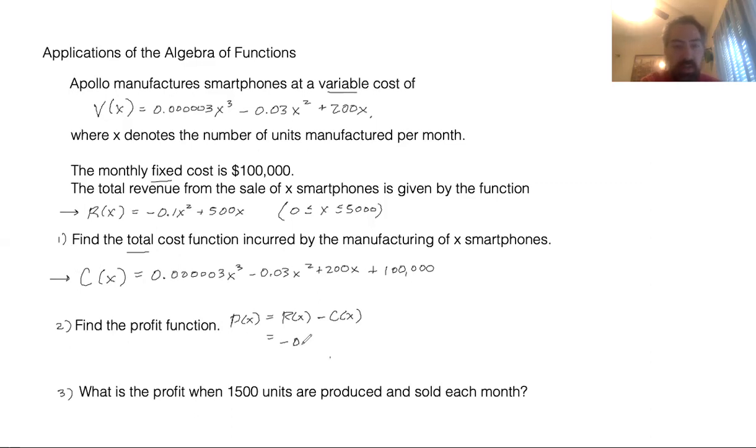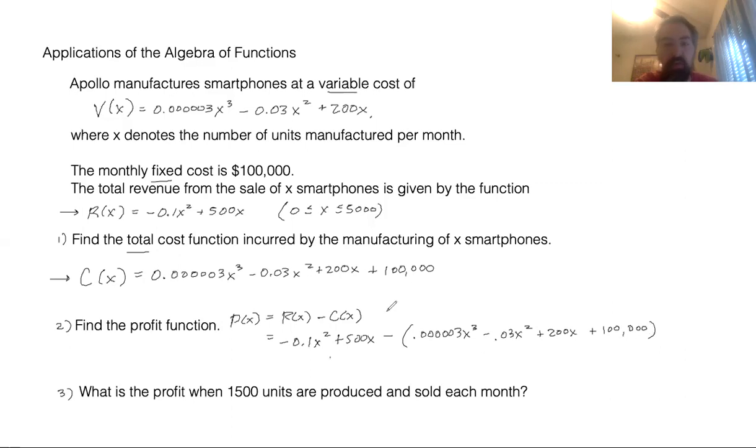And so this is negative 0.1x squared plus 500x minus, don't forget the parentheses, don't forget to distribute this minus sign when you're subtracting 0.000003x cubed minus 0.03x squared plus 200x plus 100,000.